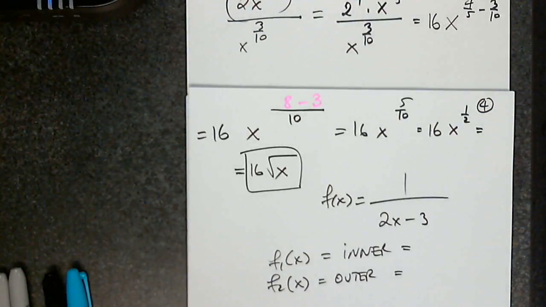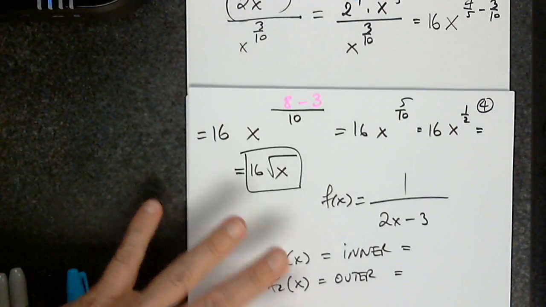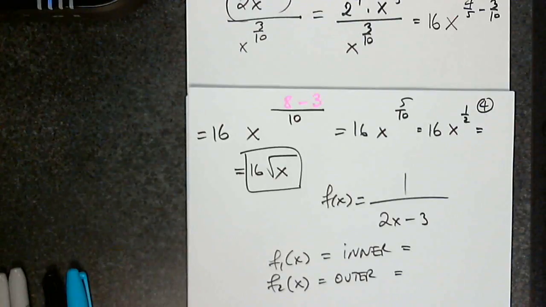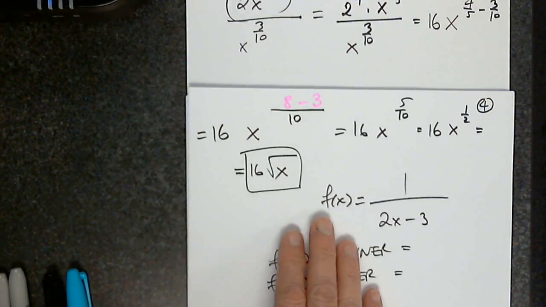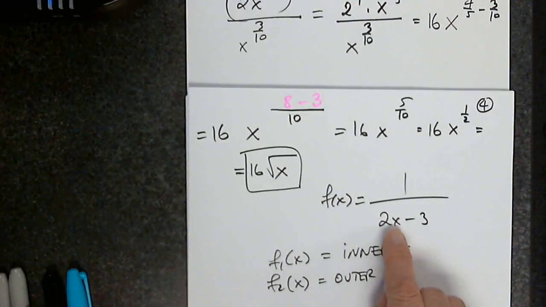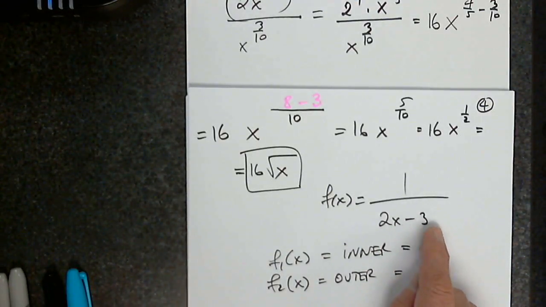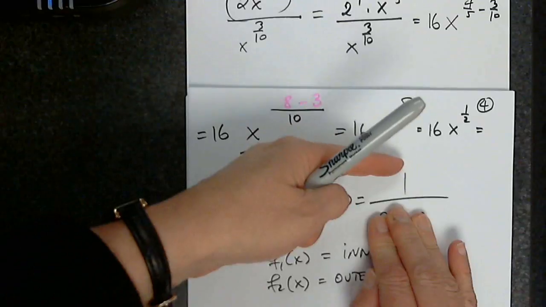But can I start with 1 over x if I want to evaluate this function for 2? Do I start with 1 over 2? No. So what do I start with then? I think I'm confused with what you're asking. So if I'm asked to evaluate this function for 2, I will have to do 2 times 2, then minus 3, I get a number, and then 1 over that number.